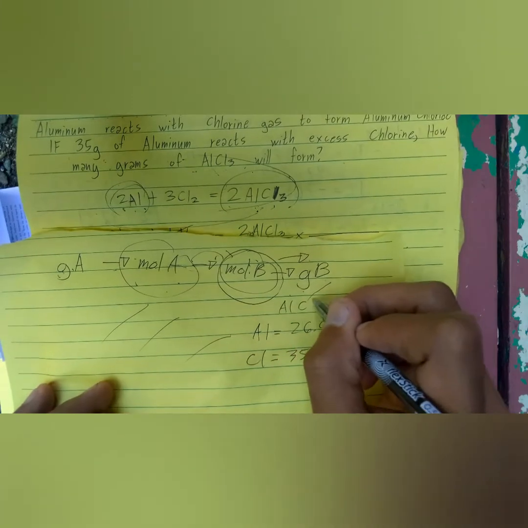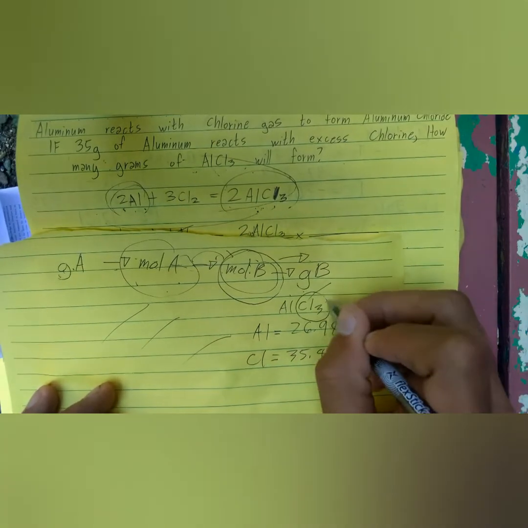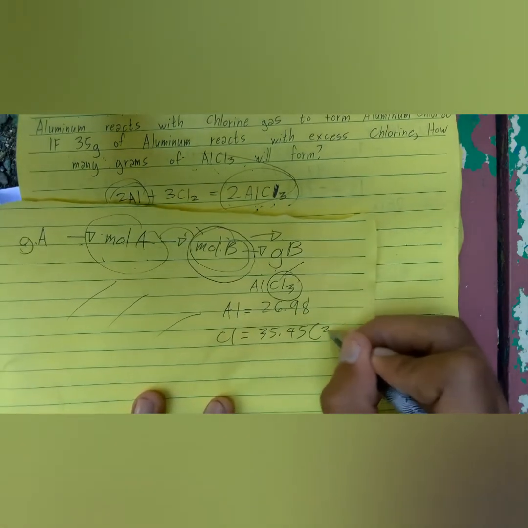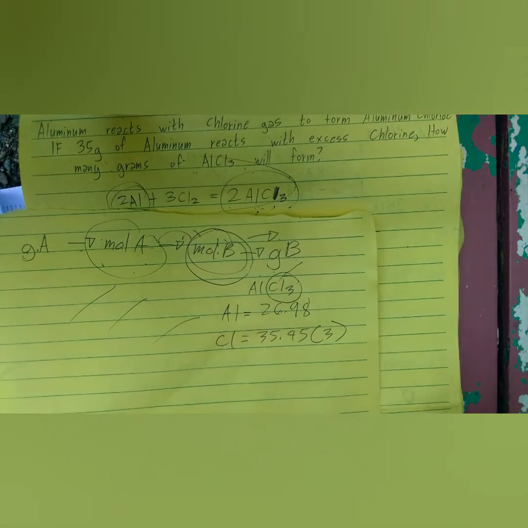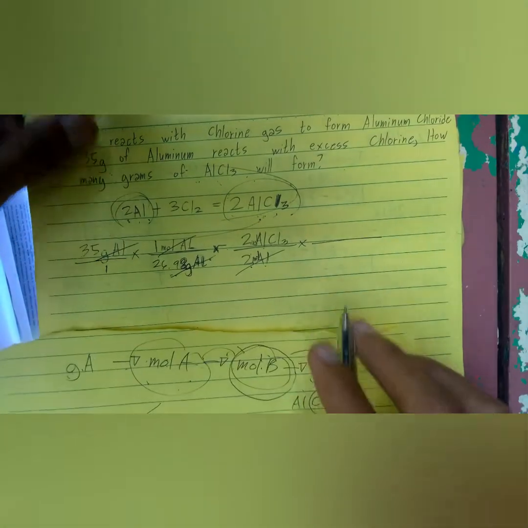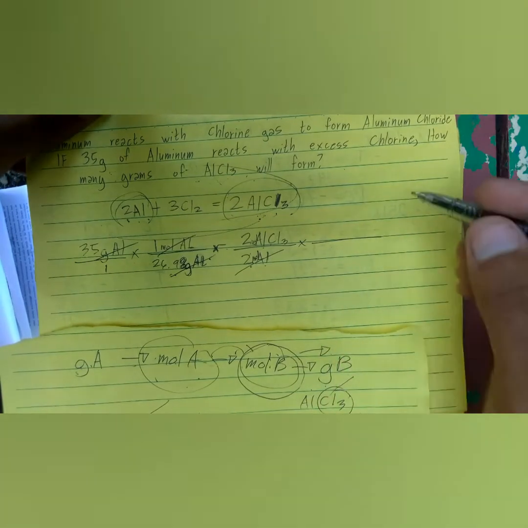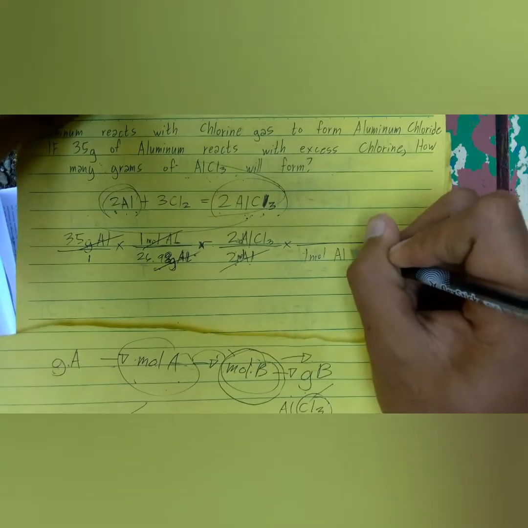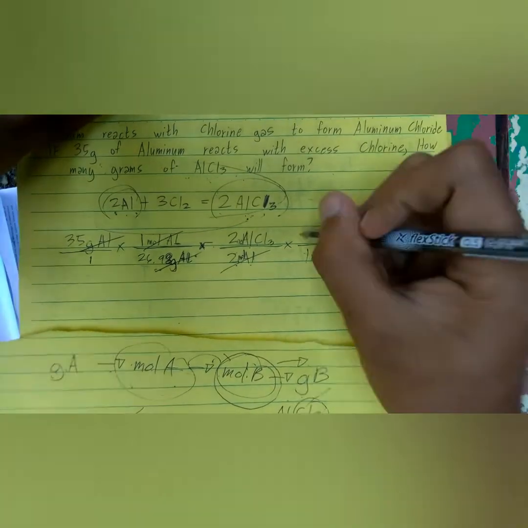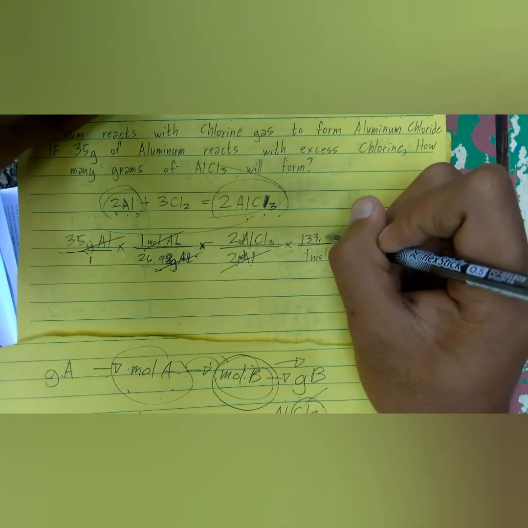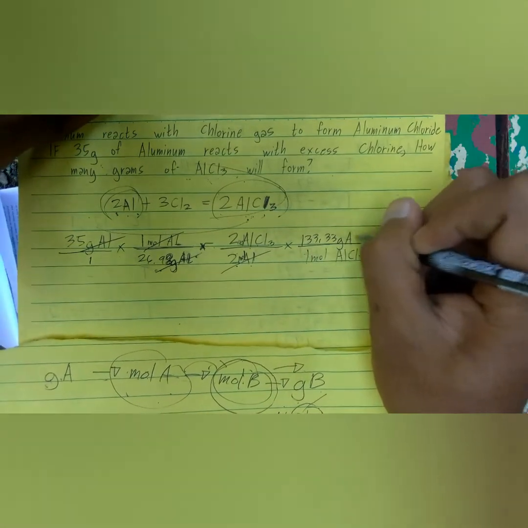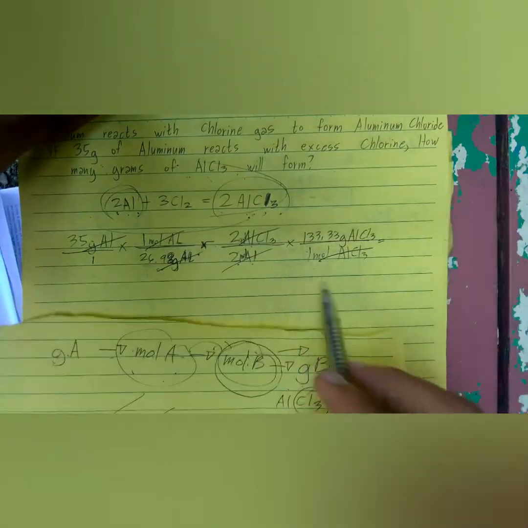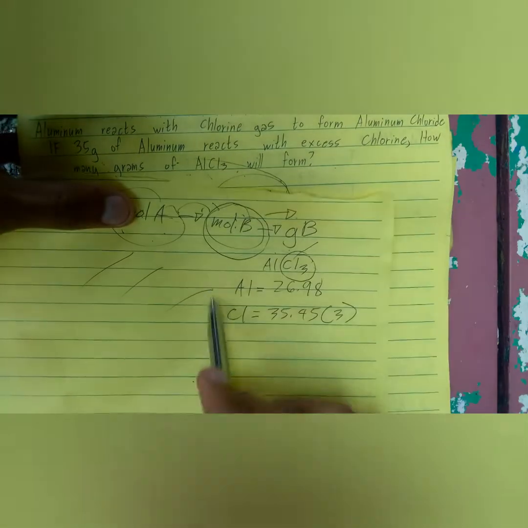But in aluminum chloride, there are 3 atoms of chlorine, so you're going to multiply 35.45 by 3. That is what we are going to put in this equation. So 1 mole of aluminum chloride has a mass of 133.33 grams of aluminum chloride. Cancel. If you are wondering how I got this, it's from this.